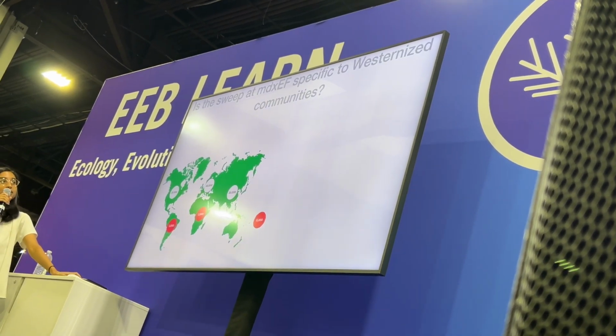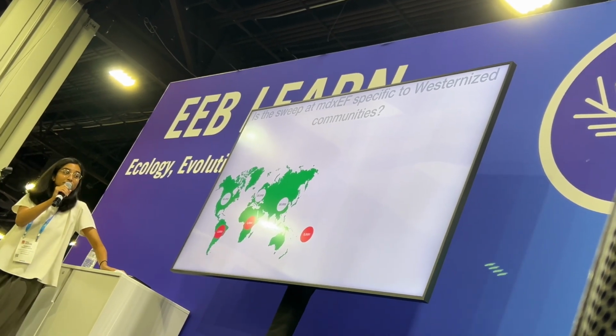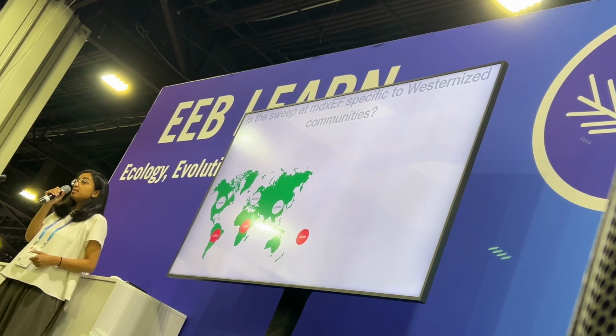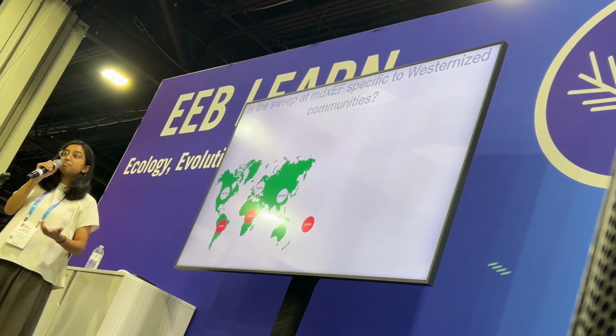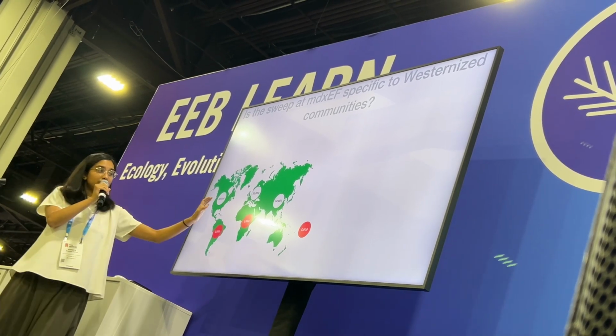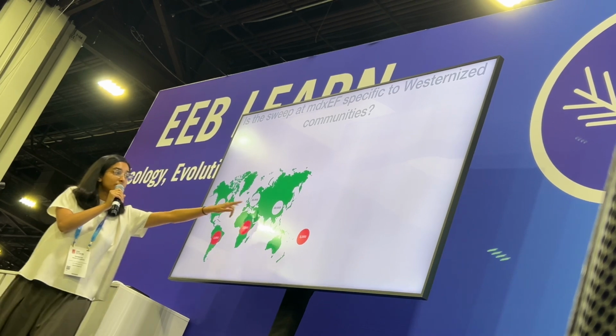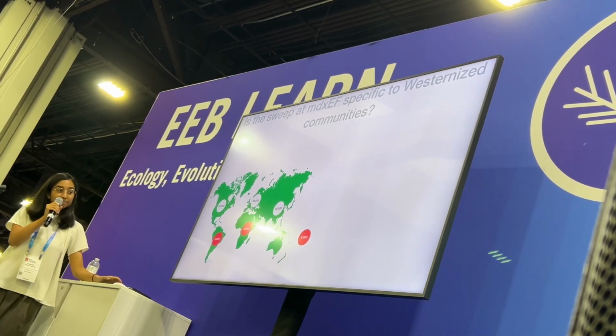We next asked, is the sweep of MDXEF specific to westernized communities? We looked at this dataset called UHGG, which comprises multiple publicly available datasets, and many of the communities are both from Western, colored in gray, and non-Western communities in red.